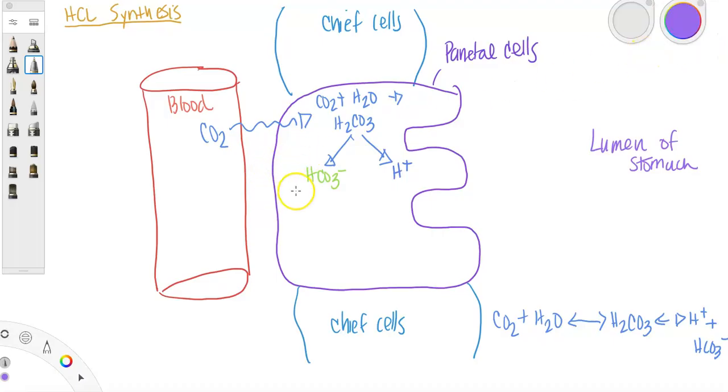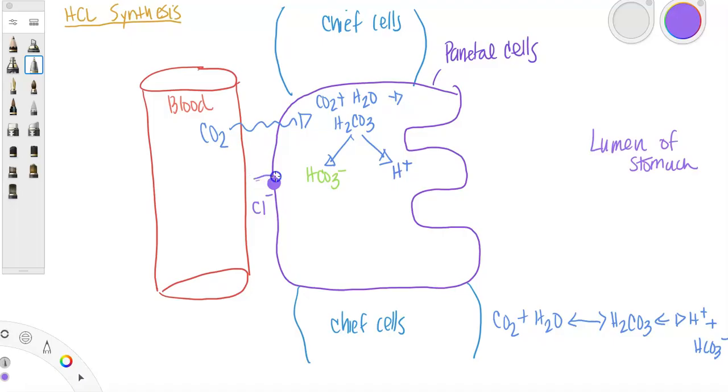So we have chloride that comes into the cell, but because it's a negative ion, it can't just come in. So it's pumped in through a carrier, a little transporter.